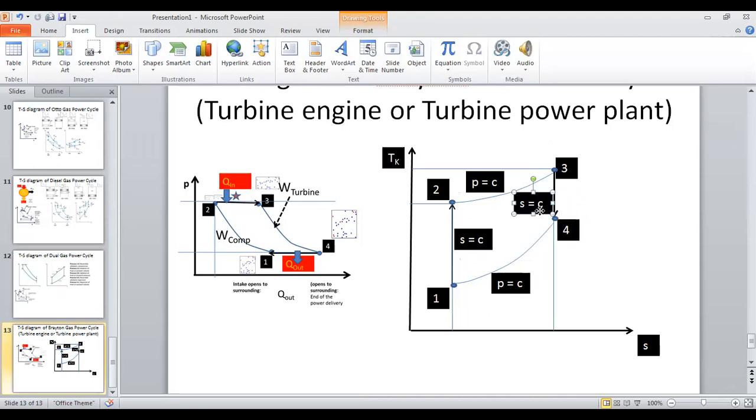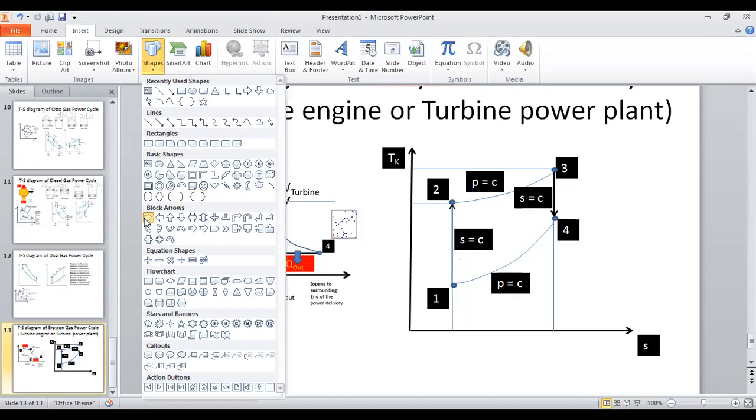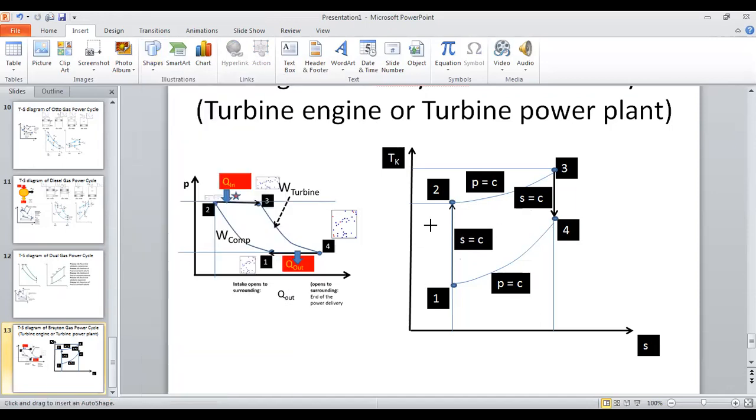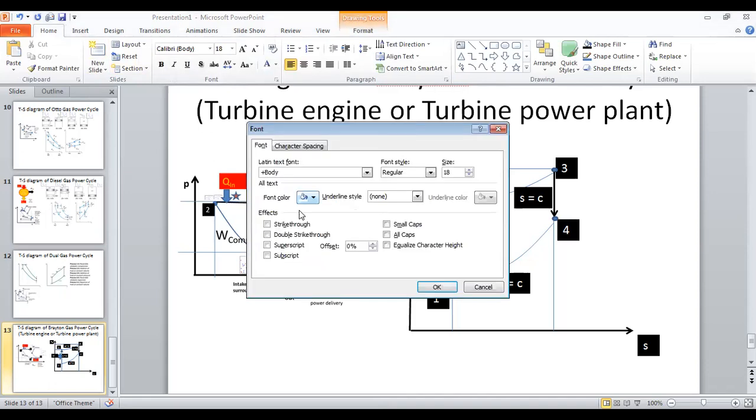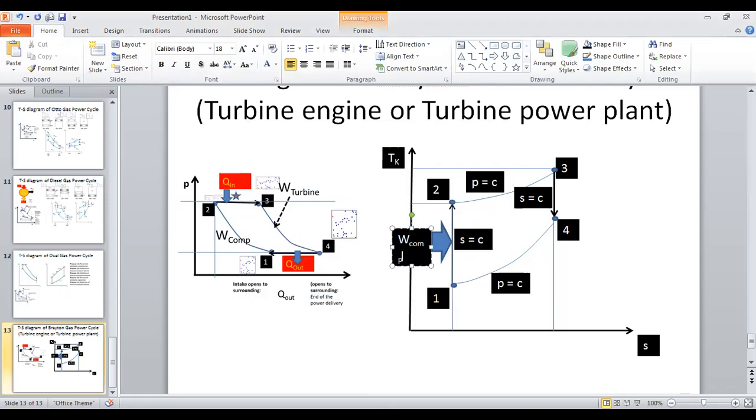This is 4. Okay, good. And even you can mark here compression work. This is W compression. Okay.